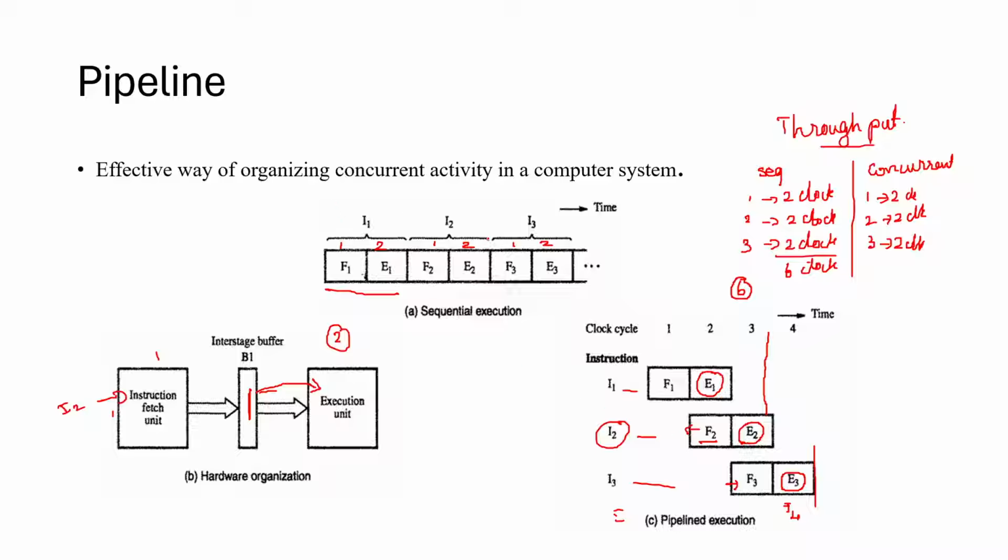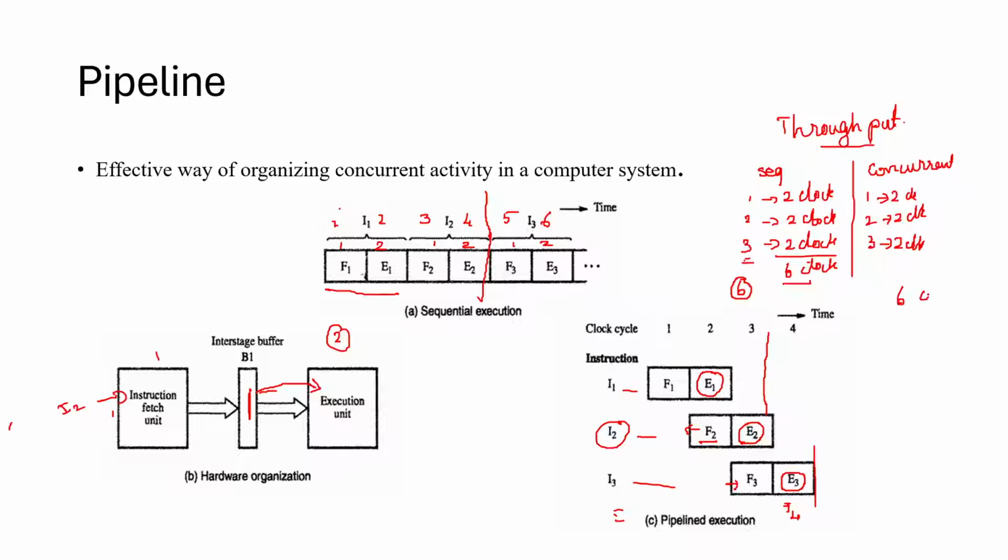But see here, at the end of the 4th clock cycle, in sequential execution, only two instructions have completed their execution, but here all 3 instructions have been executed. Counting clock cycle 1, 2, 3, 4, 5, 6: at the end of the 6th clock cycle, considering 6 clock cycles per unit time, in sequential execution 3 instructions alone have completed their execution.